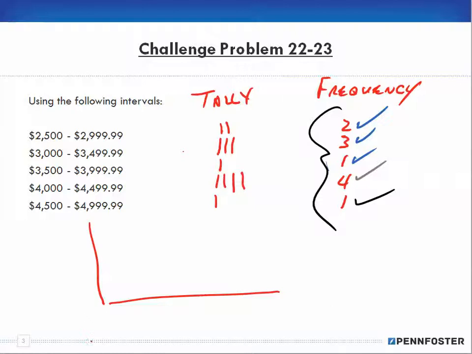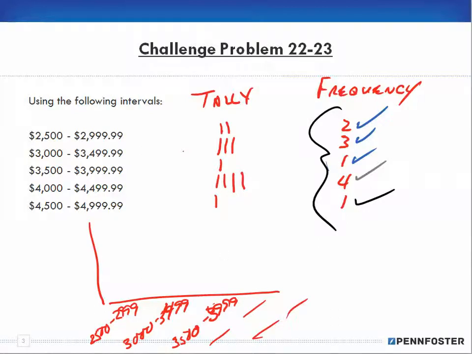Down across the bottom, I would put the wages, 3,000 to $3,499.99, 3,500 to $3,999.99, and I would keep on listing them.